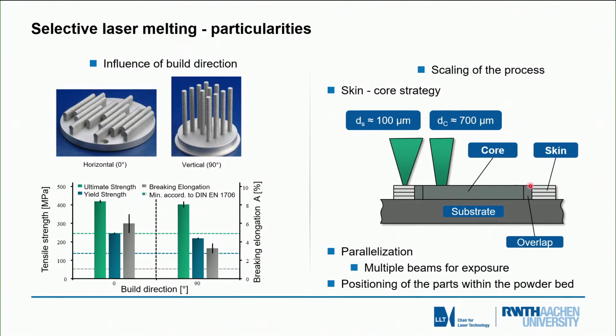And in the skin areas, in the boundaries, you use fine brushes, so to say, in the metaphor, and you have very focused radiation in order to get high precision of the edges of the part. Skin core technology leads to scaling factors of productivity of up to 2 or 3.